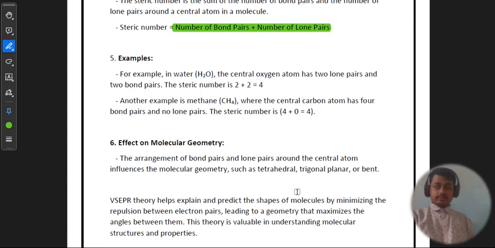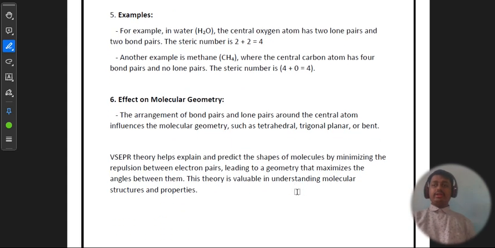Now we will discuss the effect on the molecular geometry because of this. We can see the arrangement of bond pairs and lone pairs can influence the basic structure of a molecule, which can result in the various molecular geometries that we have discovered.